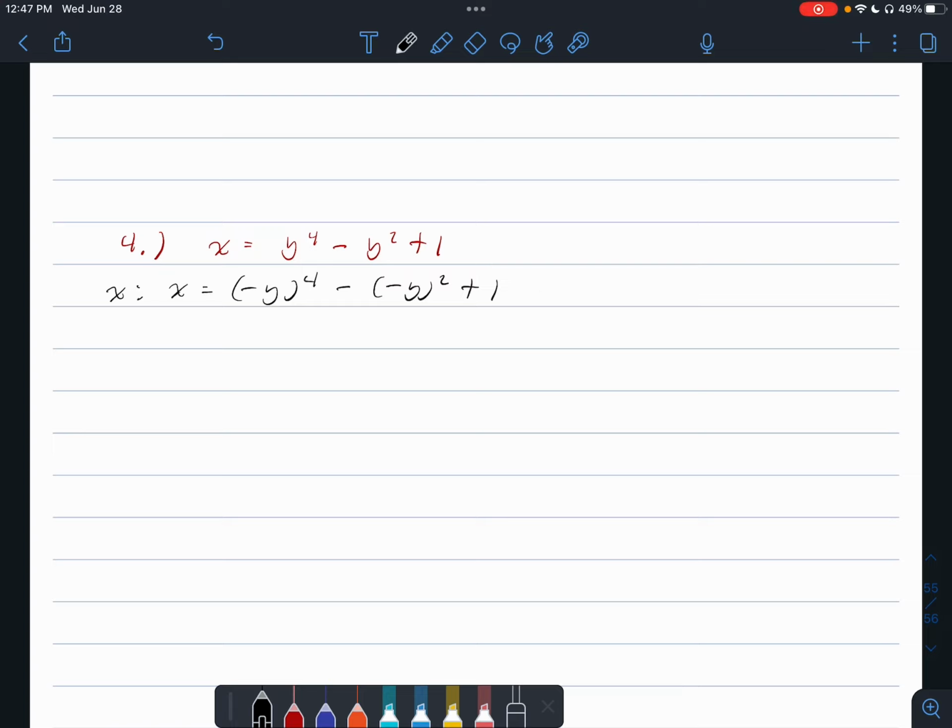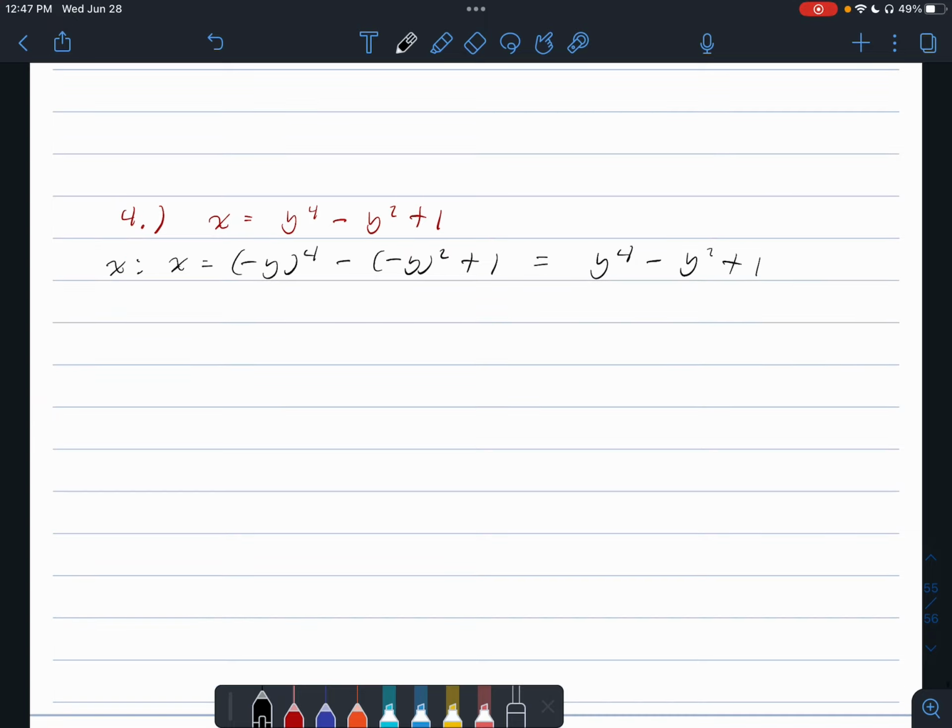If we do this, because we're taking these each to even powers, we just get back our original equation. So nothing changes, and we are good to go there. So we know that it is symmetric with respect to the x-axis.